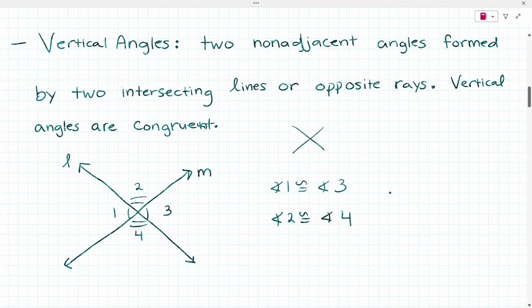Angle 2 is congruent to angle 4 because they are vertical. Those crisscross shapes are how you know you have two vertical angles, and yes, they are congruent.